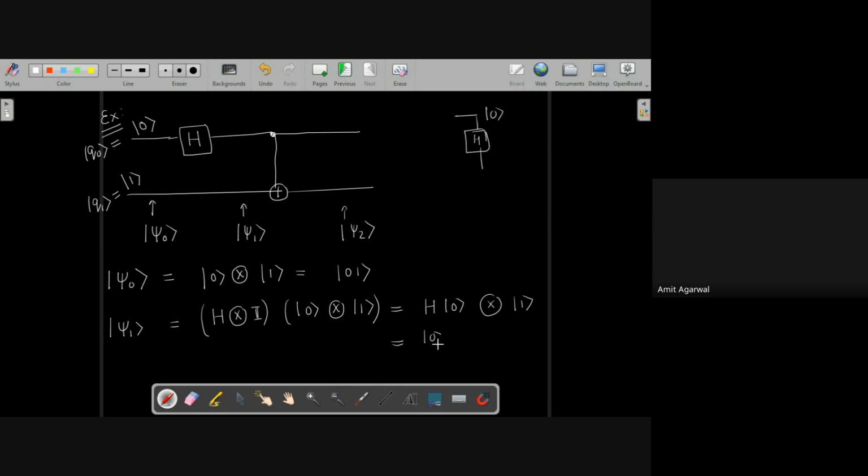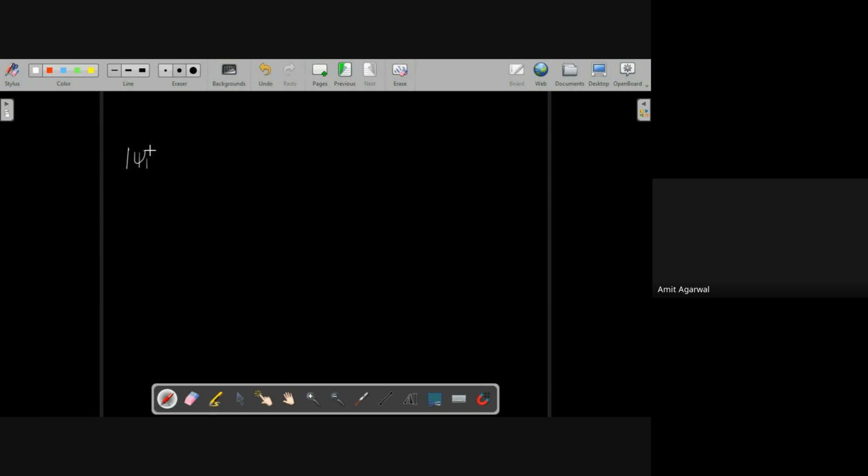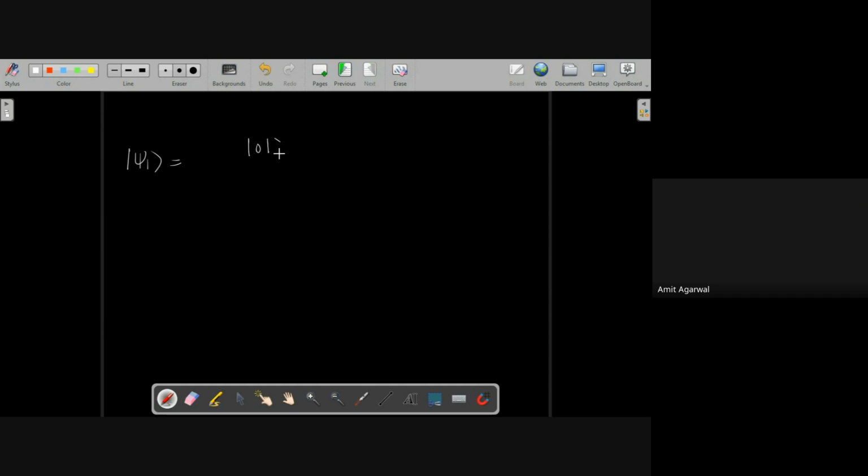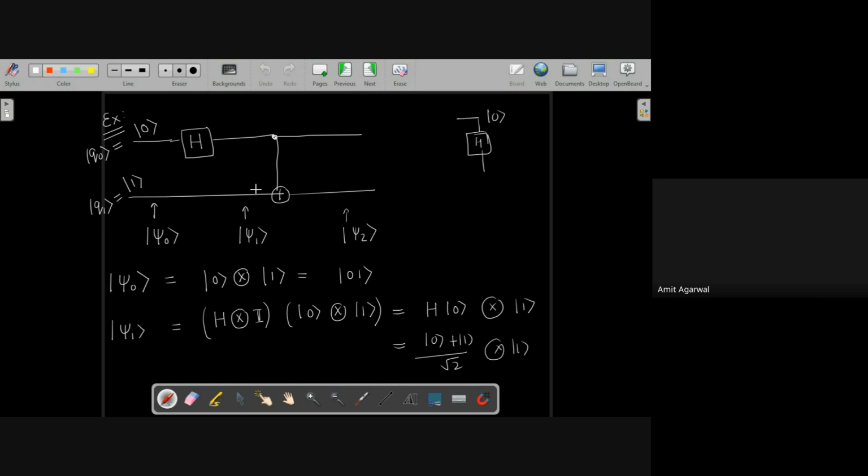A superposition state, right? With equal probability. So phi 1 would be further written as (|01> + |11>) by root 2. So this is the composite state at the first step.